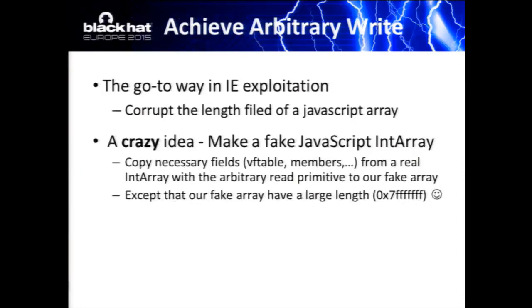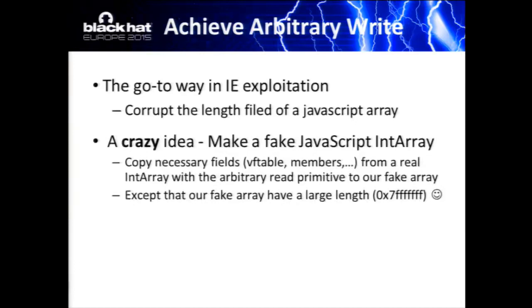Usually in IE, we can corrupt the length field of a JavaScript int array to achieve arbitrary write. But our bug is a little different. In previous steps, we already proved that we can make a fake uint pointer attribute. So why not just make a fake JavaScript int array attribute directly?